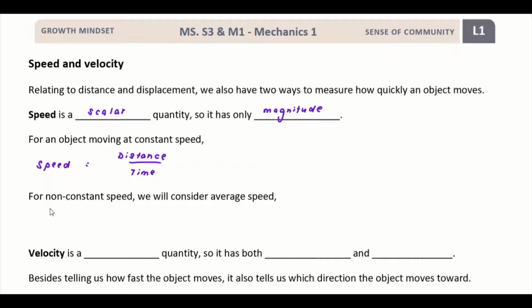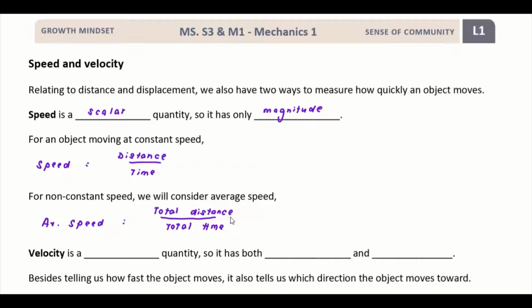For non-constant speed, we use the idea of average speed. It's similar to speed, but for average speed we take into consideration the total distance. Make sure you take the sum of all the distance that you travel, then divide by the total time. This is for average speed.